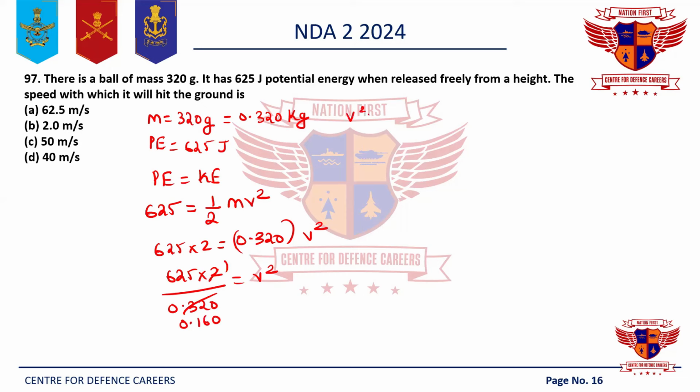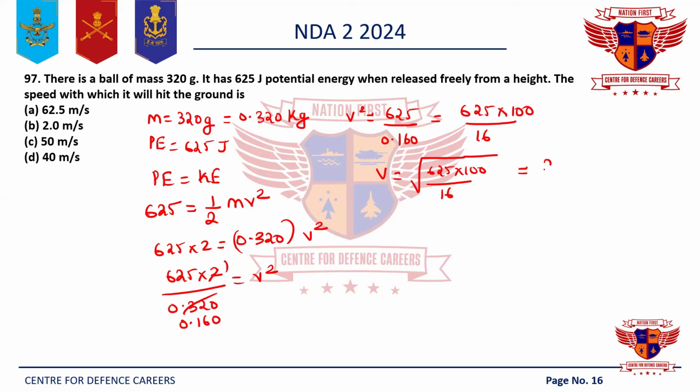So v square will be equal to 625 divided by 0.160. Now we can write this as 625 into 100 divided by 16. Okay, so V will be equal to square root of 625 into 100 divided by 16.